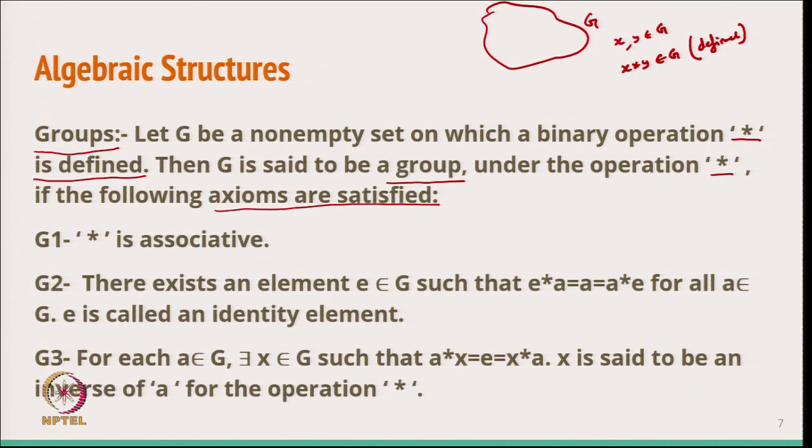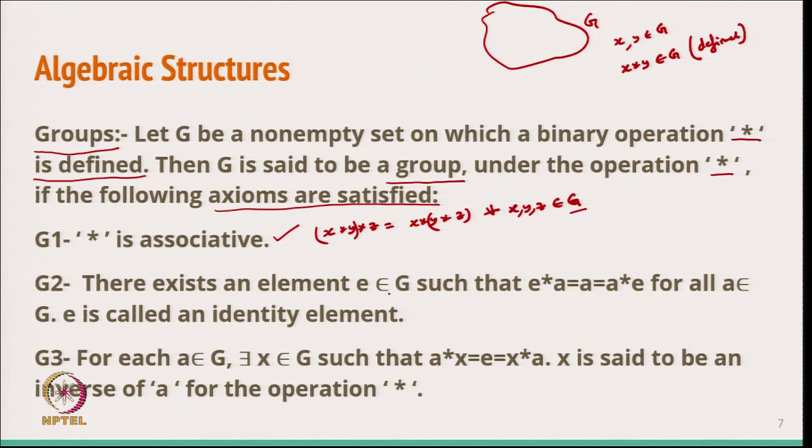The first one is that star is associative. Associative means if I take the elements x star y star z and put the bracket here, then it should be equal to the other bracketing, and that should be true for all x, y, z belonging to G. So, this is my G that I am defining, and it should be associative.